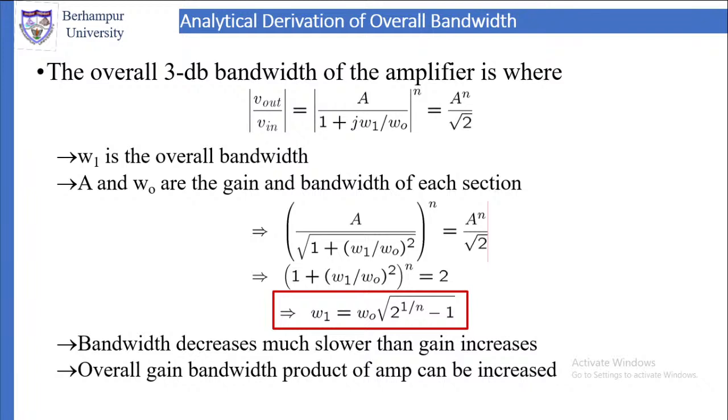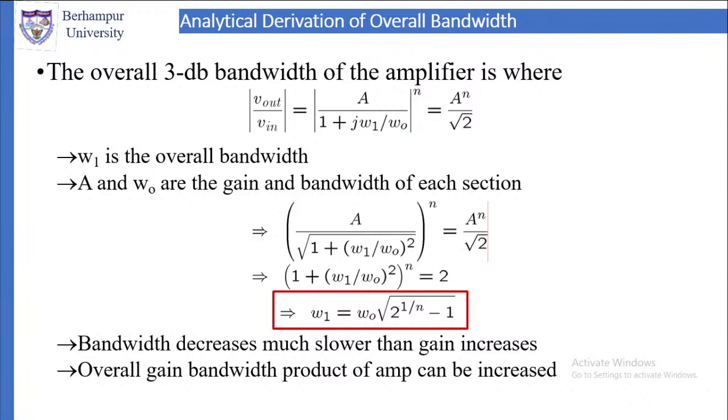If you consider 3 dB bandwidth, then at F1 the gain, V out by V in, should be the maximum gain divided by root 2.